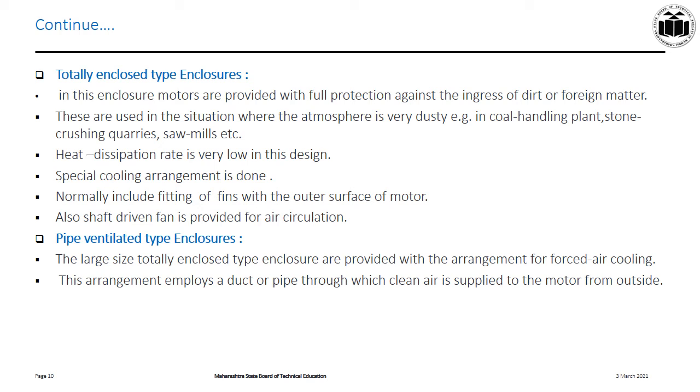Now, next is pipe ventilated type enclosure. As the name indicates, there is a pipe. Where is it used? It is used in large size drives. The large size totally enclosed type enclosures are provided with an arrangement for forced air cooling. What happens actually? The cool air from the outer atmosphere enters the drive. It comes in contact with the heat present inside the drive.